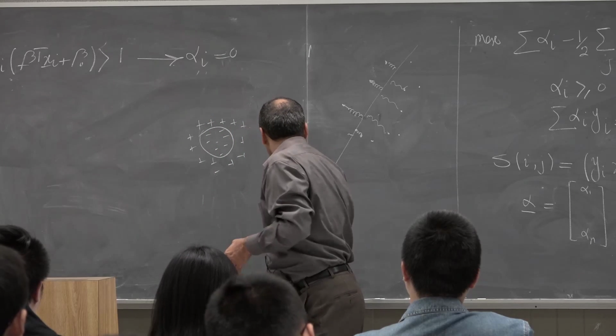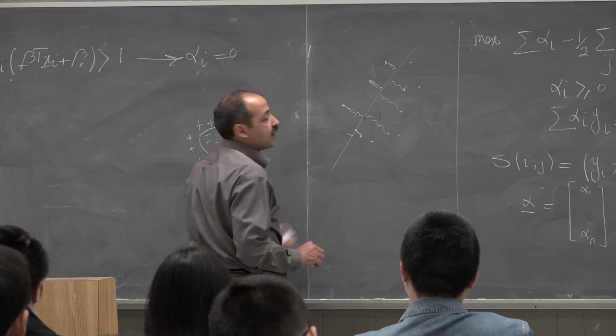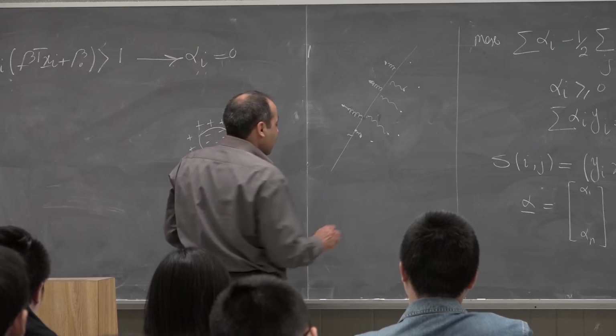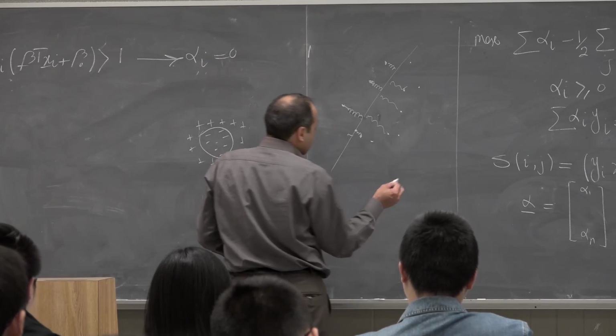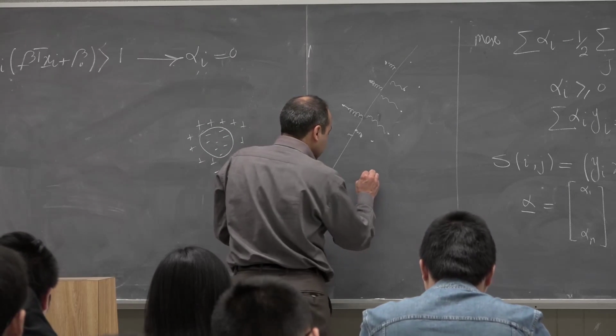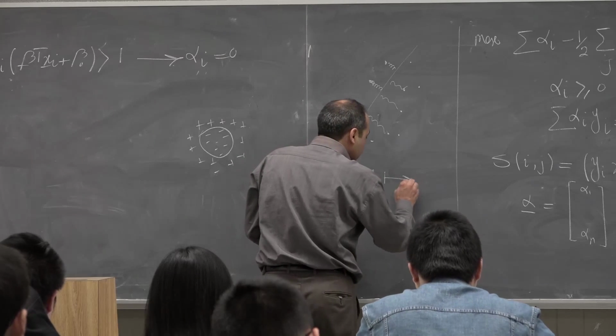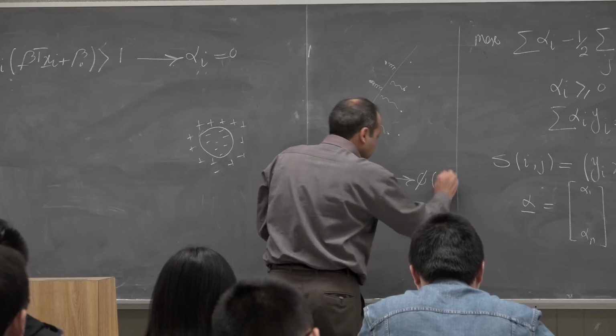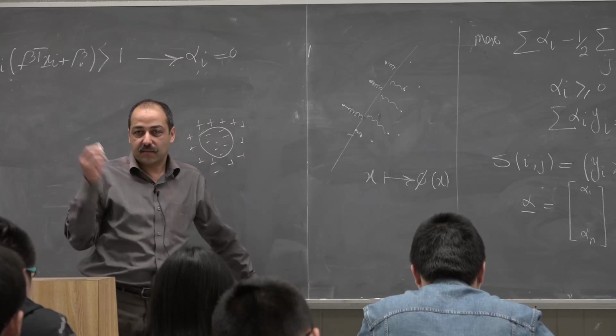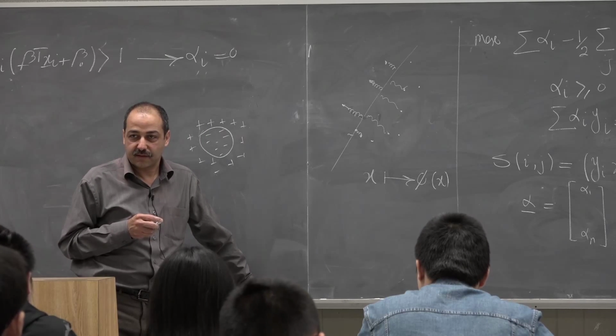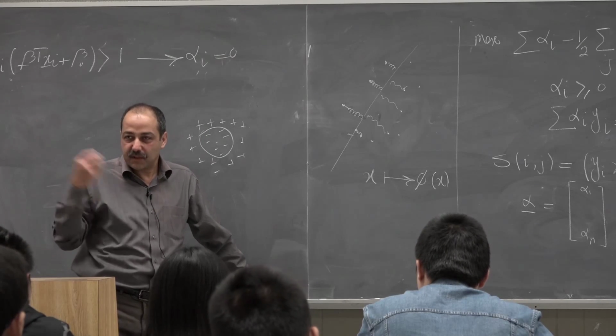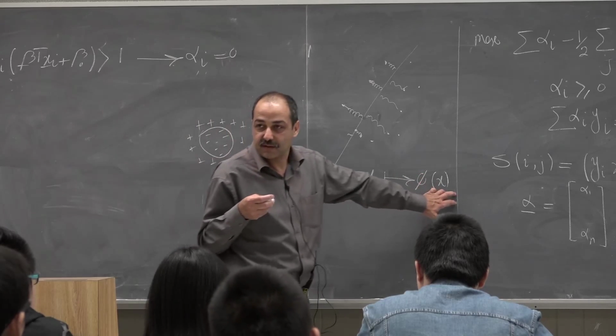Because there exist some functions, which are called kernel functions. In the past, we have seen that you have x, and you map this x to higher dimension using phi of x, right? And things start to become linear in this new space.